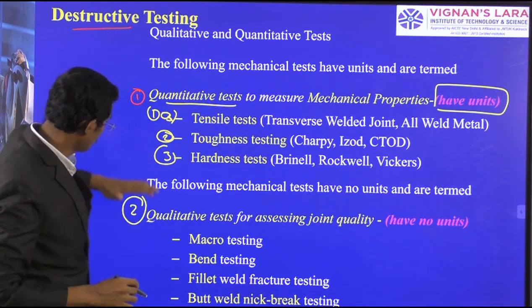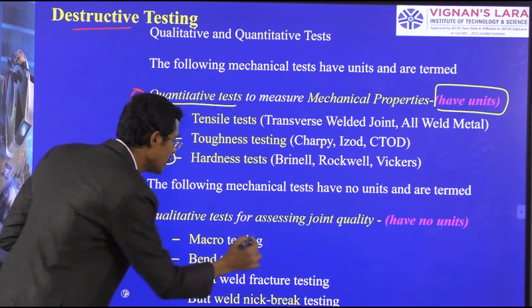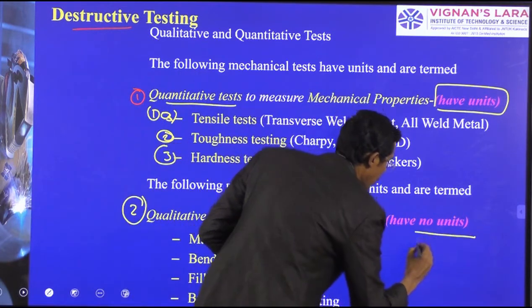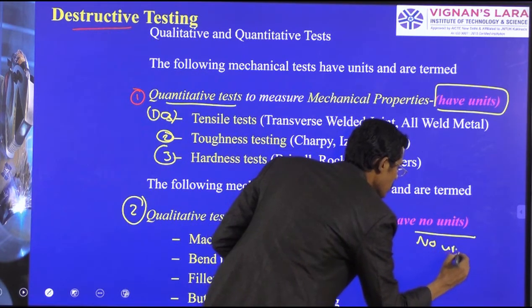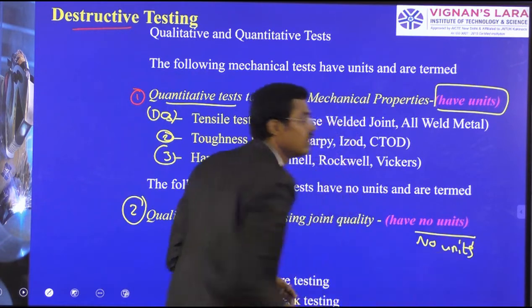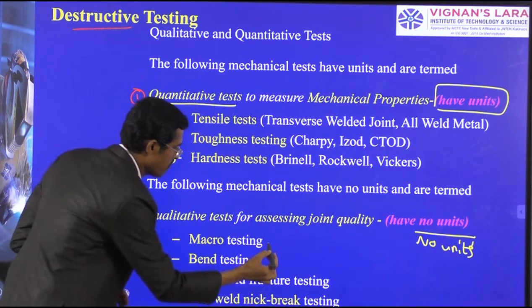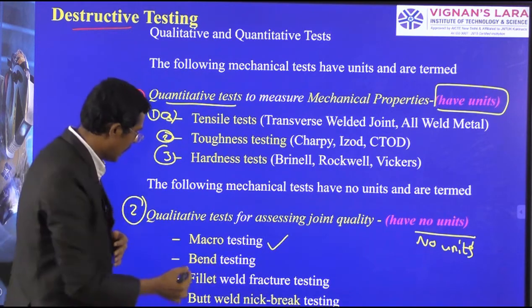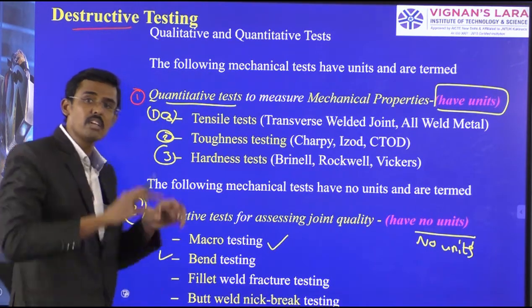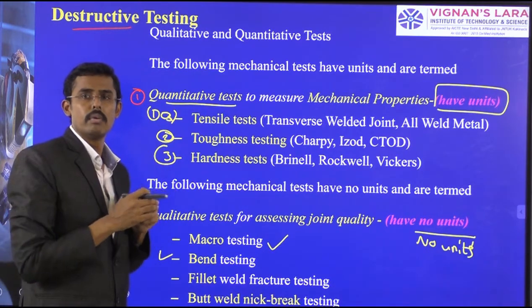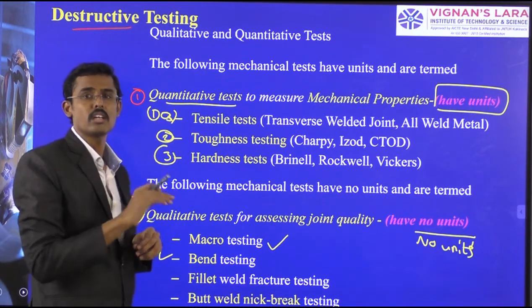Those have units, which is how I am measuring quantitative tests. The second category, qualitative tests, does not have units, but we measure the quality of the weld through various methods such as macro testing and bend testing. In bending, we disturb the specimen and it is going to break, but how many angles it bends is not a unit.